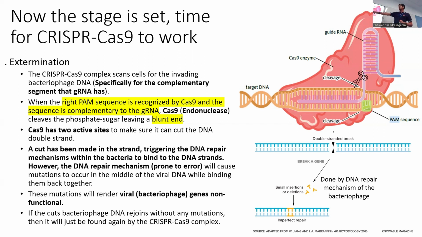So yeah, it leaves a blunt end. So what does a blunt end mean? What does a blunt end look like? There's only two types of cut we've ever learned, a sticky cut end and a blunt cut end.